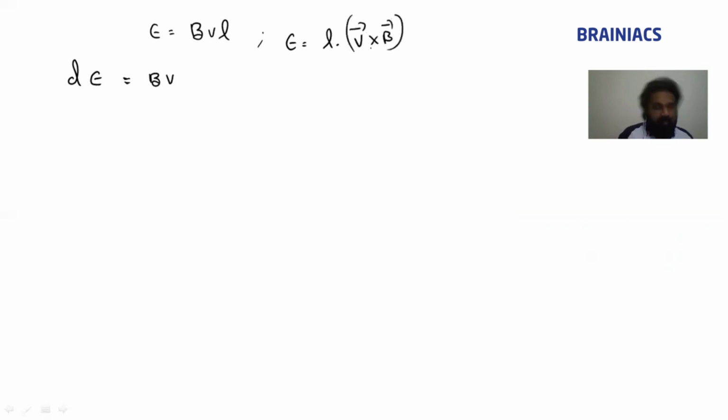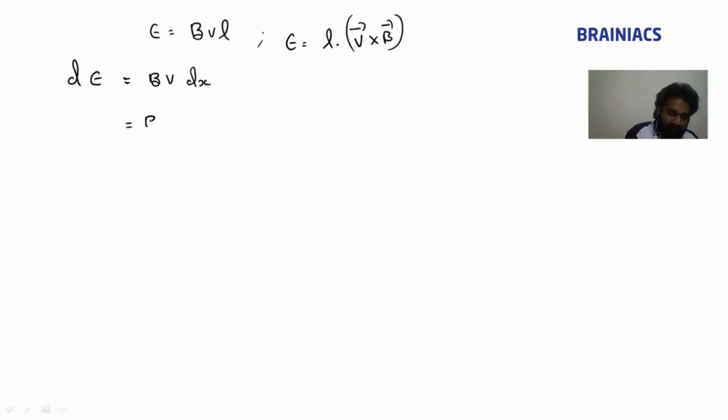Moving to the next page. The small emf due to that small element dx, de, is equal to BVL if everything is mutually perpendicular, or otherwise E is equal to L dot V cross B. If angles are there, definitely we will have to deal with that. Everything is mutually perpendicular here, so BVL, which is B V dx.